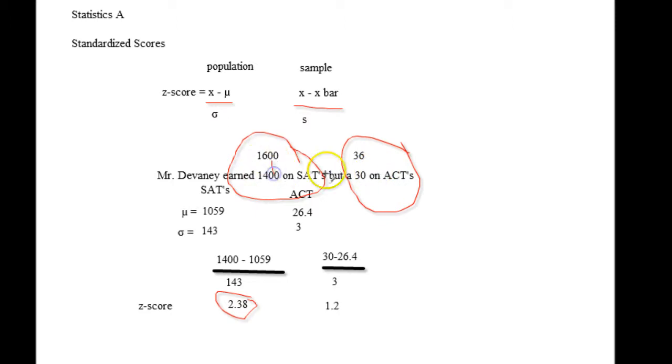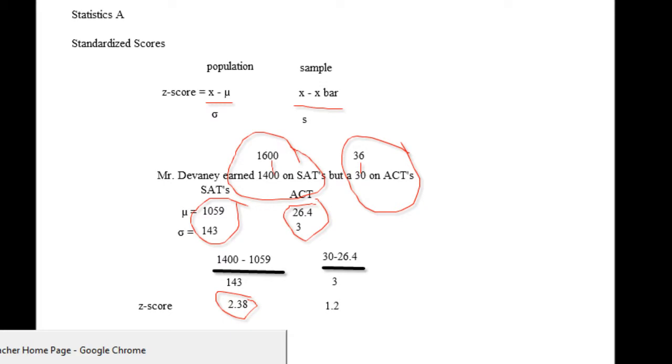Even though there's less of a point differential between the 30 and the 36, looking at these numbers my Z-score is way better, almost twice as good as on my ACTs. So I should definitely use my SATs when going to college, because I'm going to be better than a lot of people.